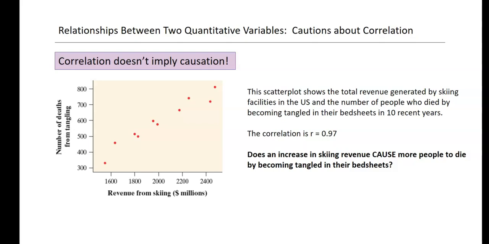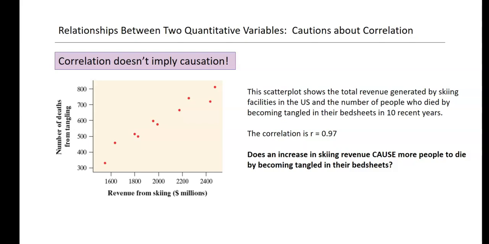Correlation doesn't imply causation. We get more into this in future chapters, but we're going to mention it now. So here's some interesting data. So revenue from skiing, okay. The number of deaths from tangling. And what tangling, I think they're talking about becoming tangled in your bed sheets. I don't understand.